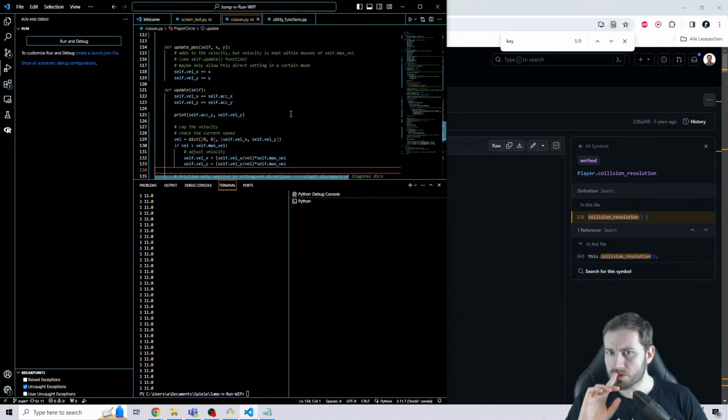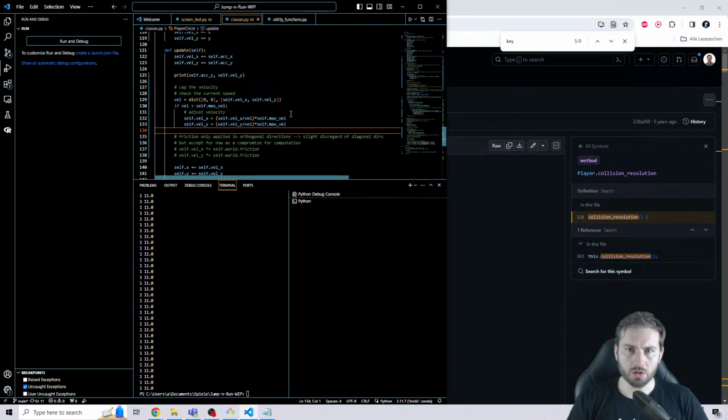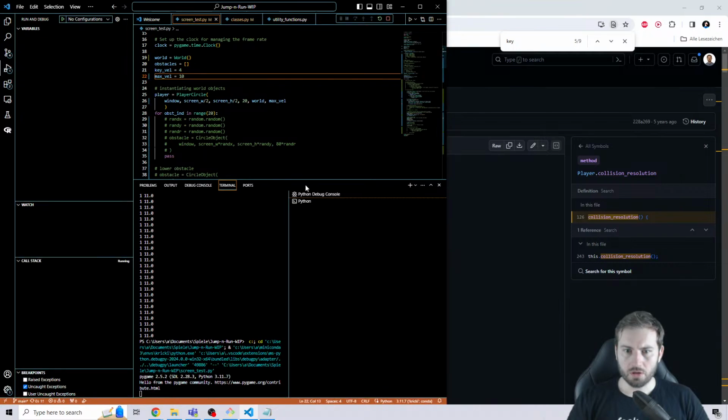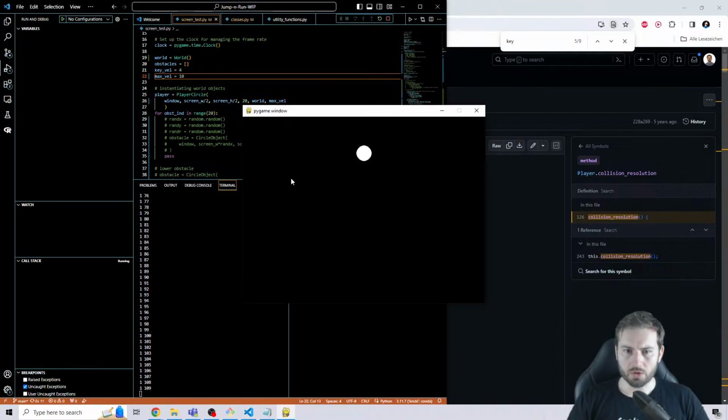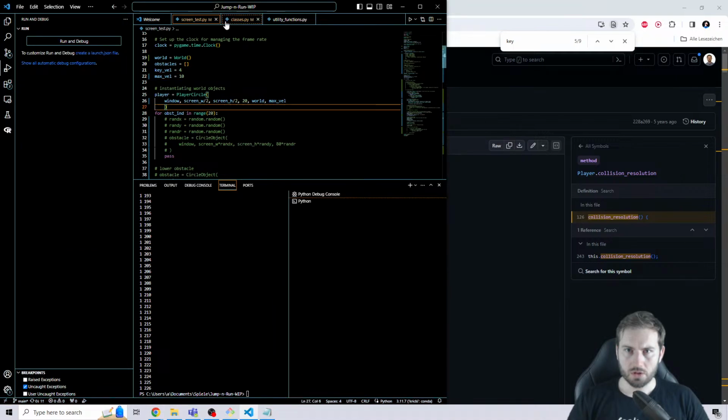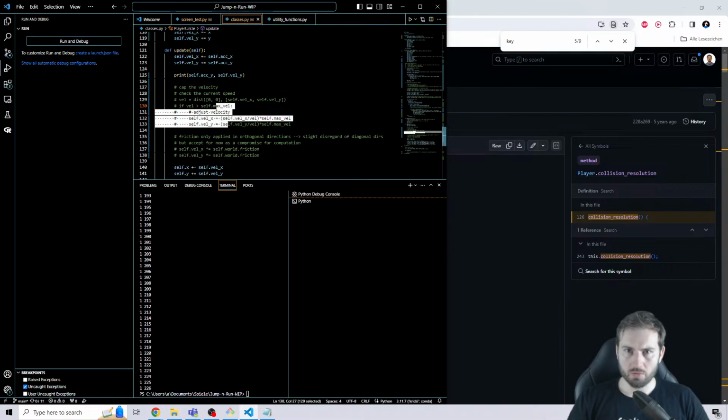Where is it stopping? So then let's also remove that one. And now it goes faster and faster. Okay. So it's this one, but it doesn't adjust to the number that I wanted.